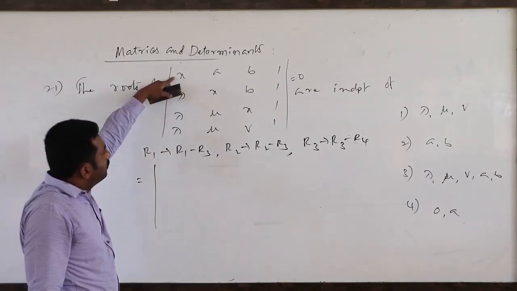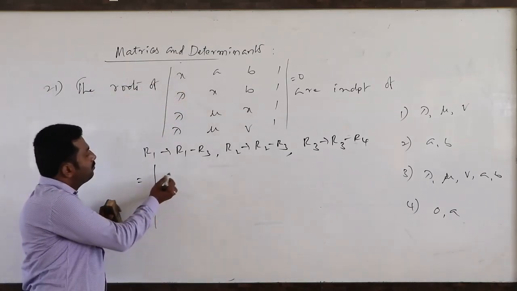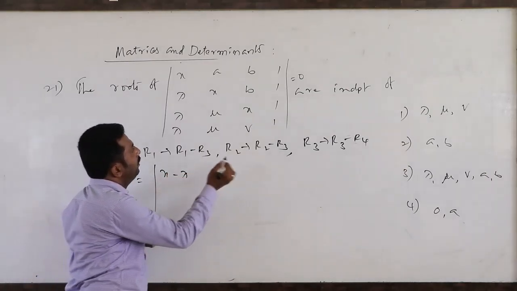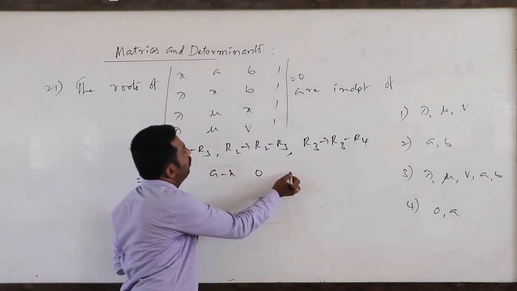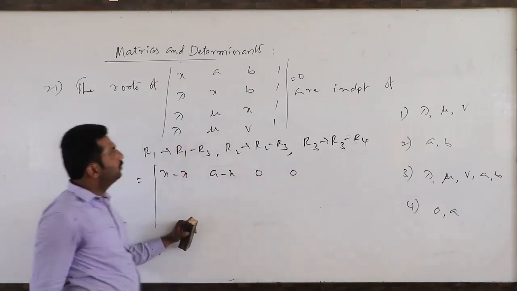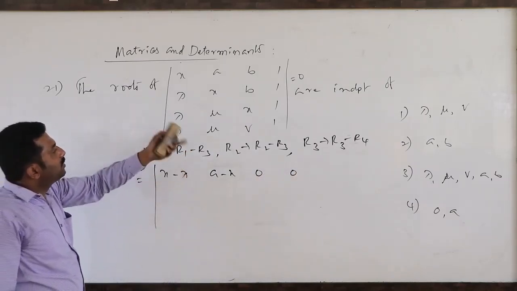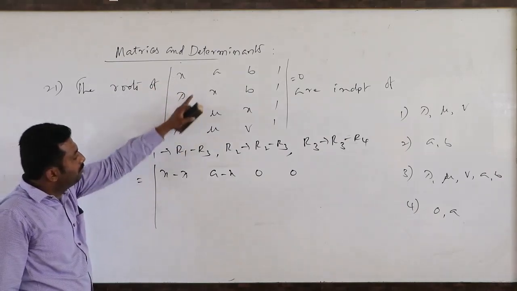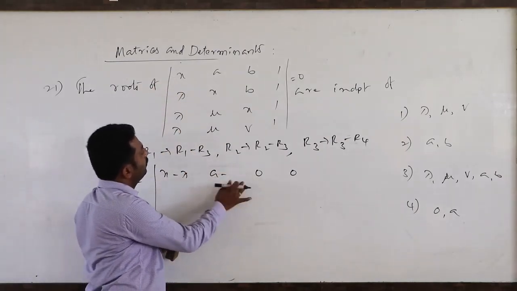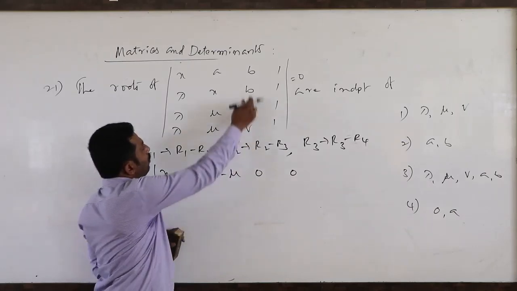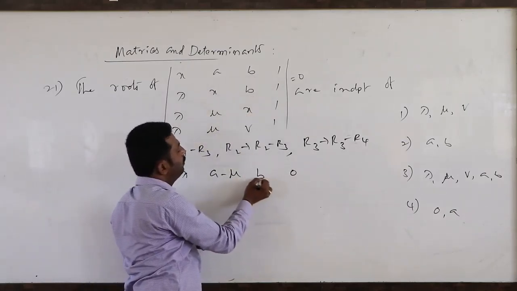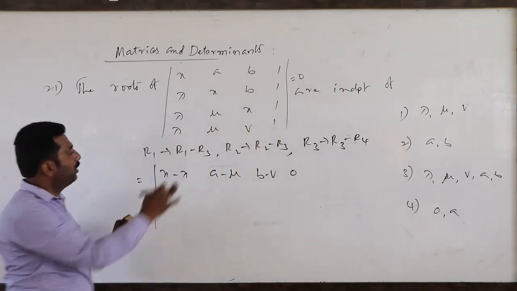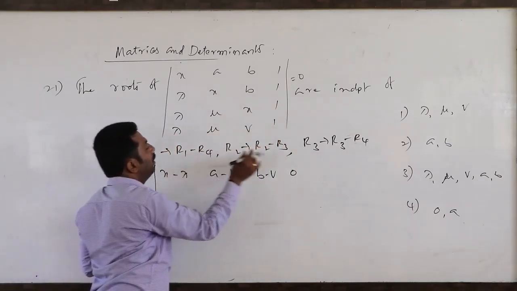R1 minus R2: x minus lambda, a minus mu, 0, 0.